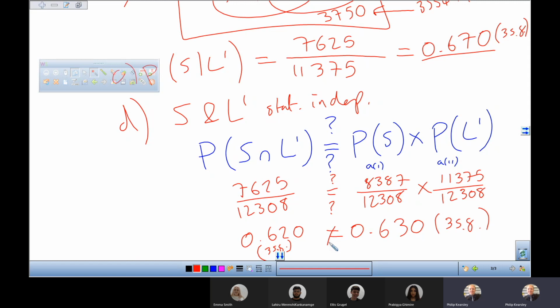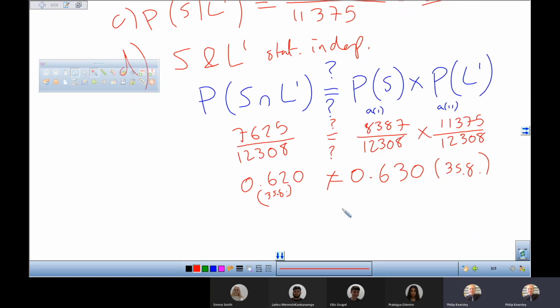I mean, they are likely to be independent, however, we haven't quite got the perfect statistical independence here. They're not quite the same. They have to be bang on the same proportions. Alright? So we summarise the events of S and the events of L dash are not statistically independent.